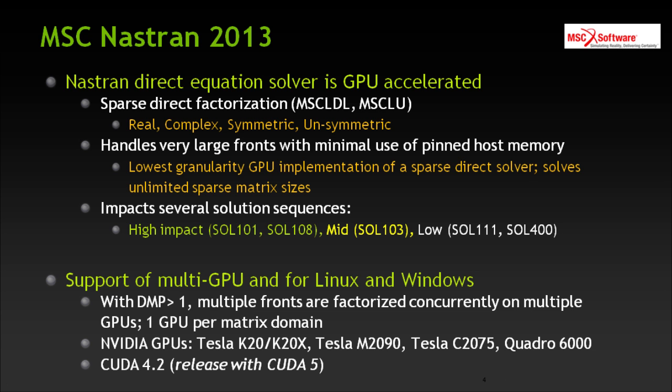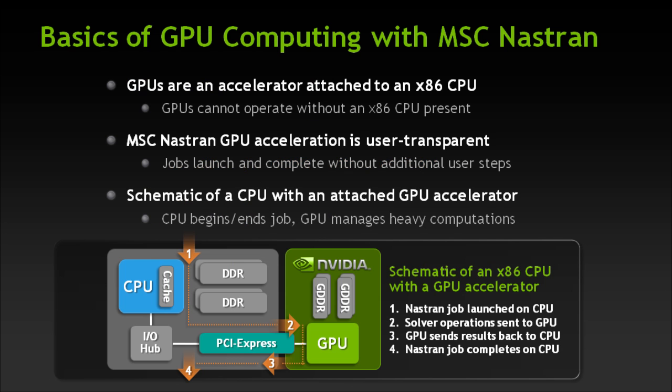The GPUs are referred to as K20 and K20X. And with MSC Nastran 2013, it will be backward compatible, meaning it will support the Fermi architecture GPUs, which are the M2090 and C2075 GPUs. And we also support our Quadro class of GPUs, Quadro 6000 in particular, which is a combination of both visualization and compute in a GPU.